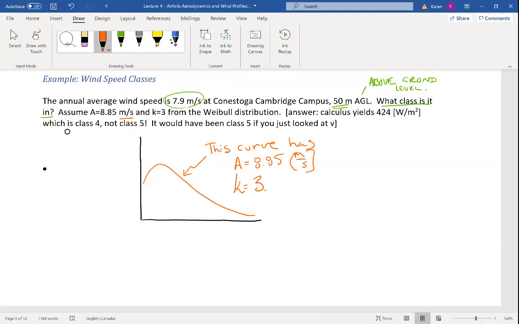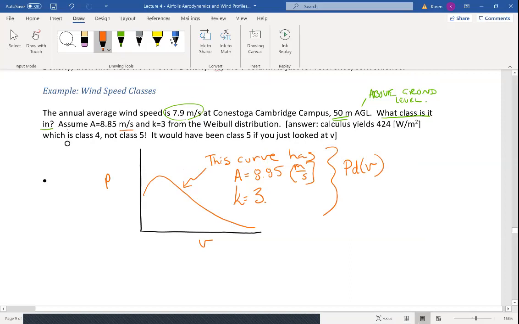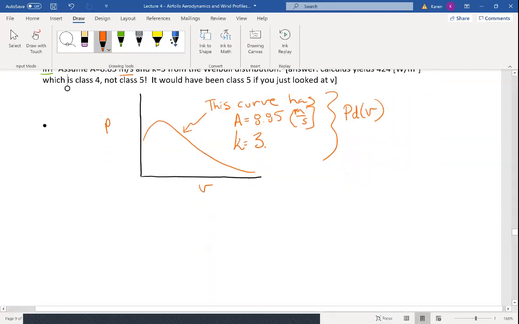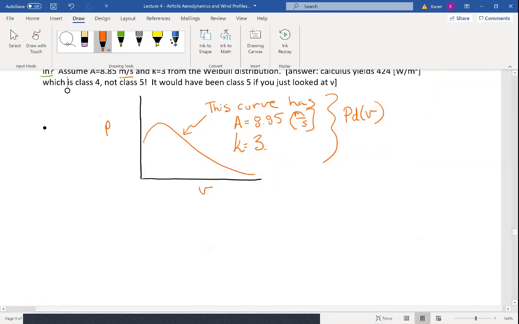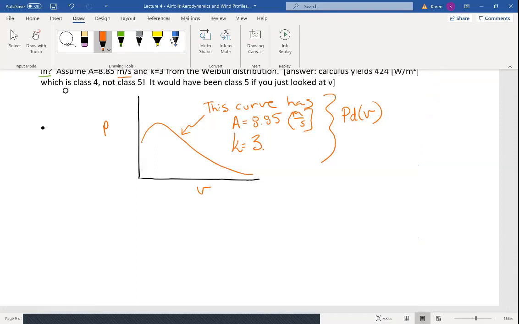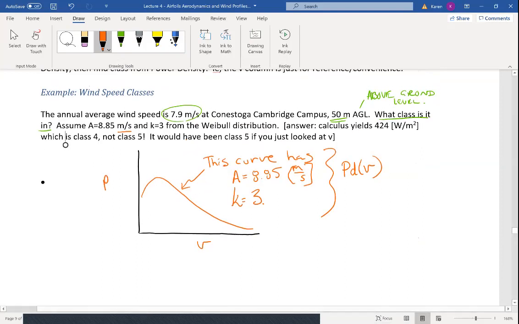Now I'm going to do some calculus with this, and I'm going to look at the probability density function as it relates to velocity V, and calculate it.